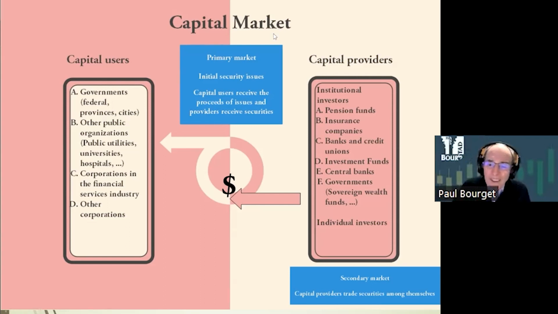When they do that, normally they buy on the secondary market, but it may very well be recent bonds that the government recently issued. So they're not exactly on the primary market, but quite close.